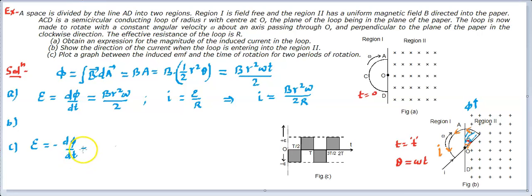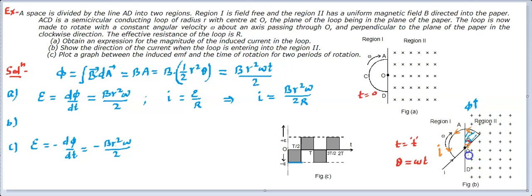If you calculate this, you are going to get minus B r square omega by 2 initially, when the situation is like this. So this EMF will be constant and negative. Once this semicircular loop goes completely inside, then it will change.